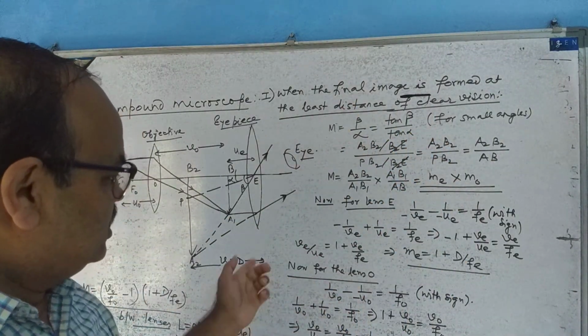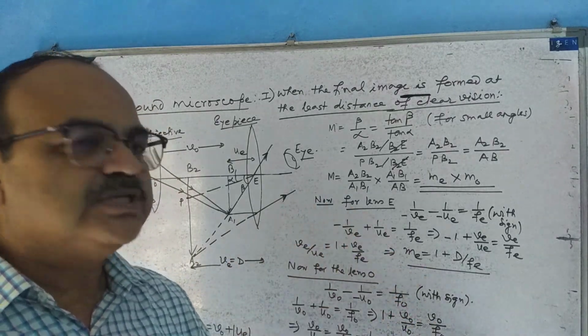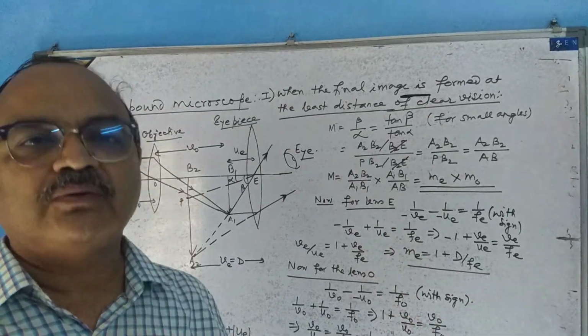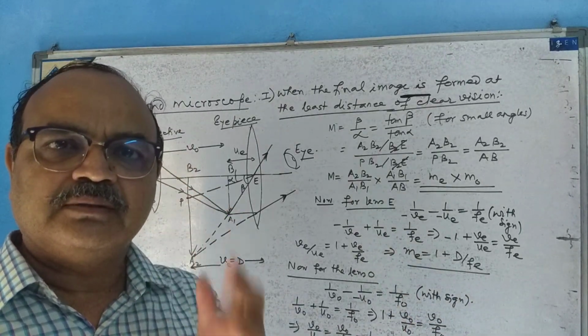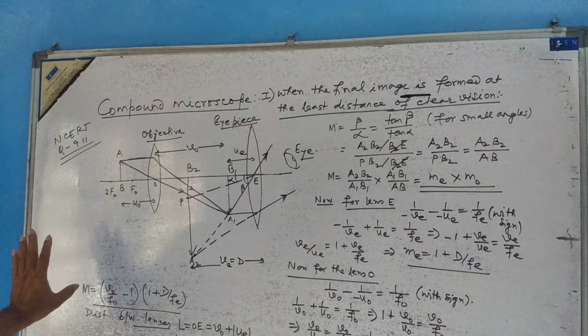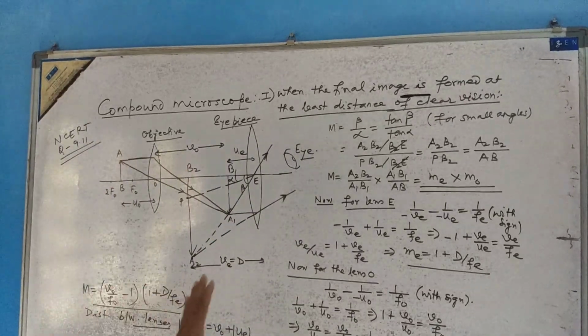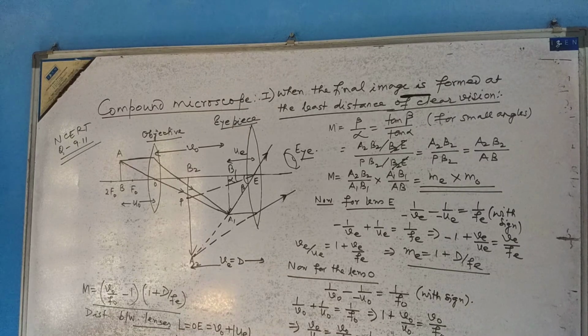And I hope if you use the formula which I have shown here, you can solve that question. Okay, right? So this is the whole thing I am getting in case of the compound microscope.